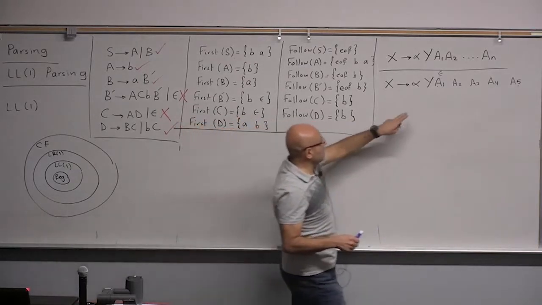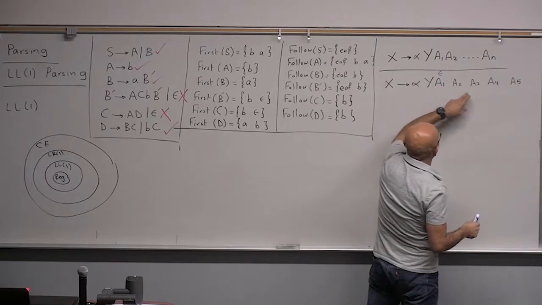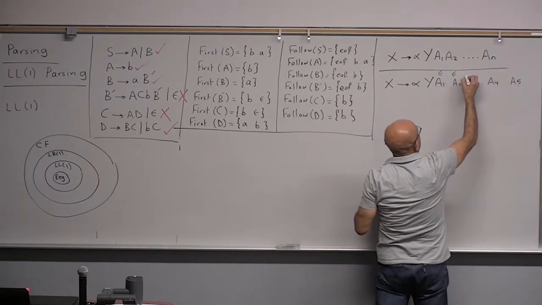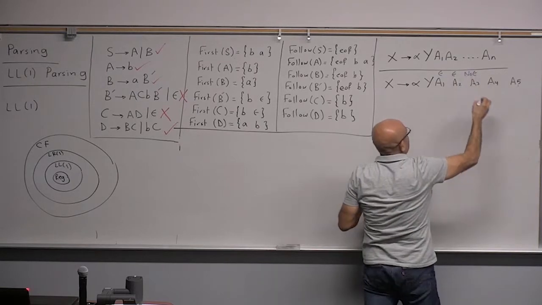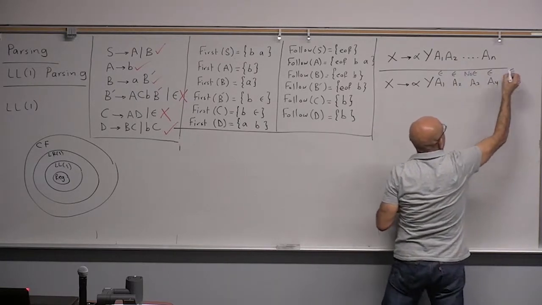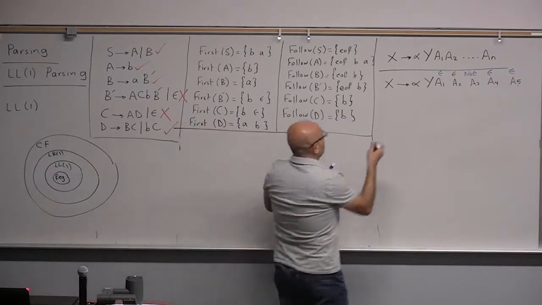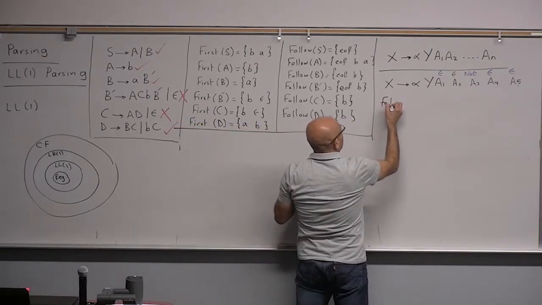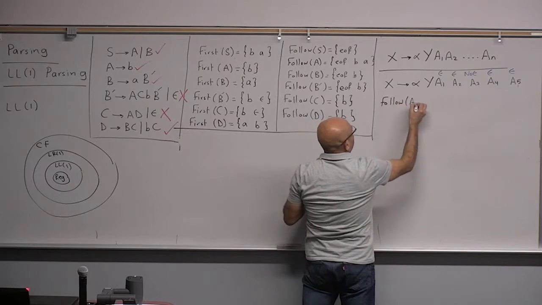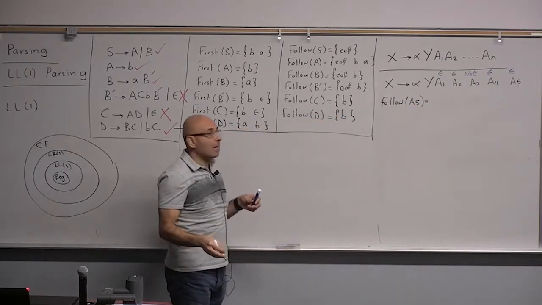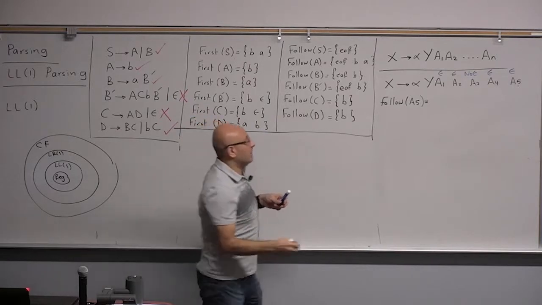So in this example, if we have A1, A2, A3, A4, assuming that this is an epsilon and this has no epsilon, and this is an epsilon and this is an epsilon. So in this case, what will be the follow of A5? Follow of x. Yeah, exactly.